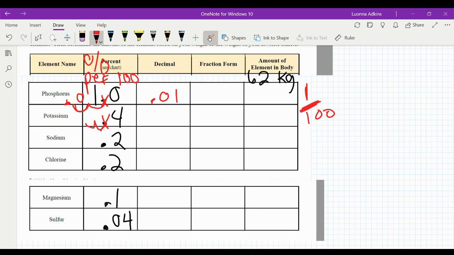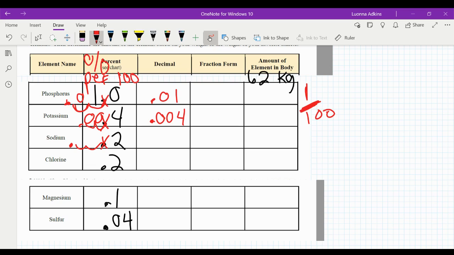We'll do the same for potassium. Move it 2 places to the left, fill up the holes with a 0. Your decimal for 0.4% is 0.004 or 4 thousandths. Same with sodium. We're going to divide by 100, so we're going to pick up that decimal, move it 2 places to the left, new decimal point.